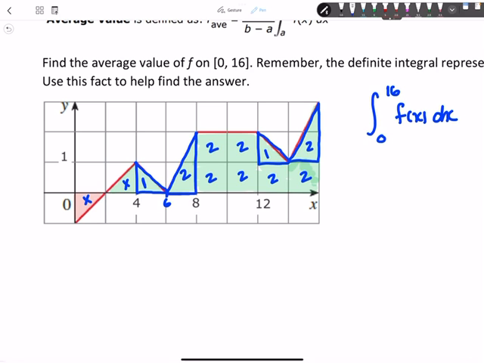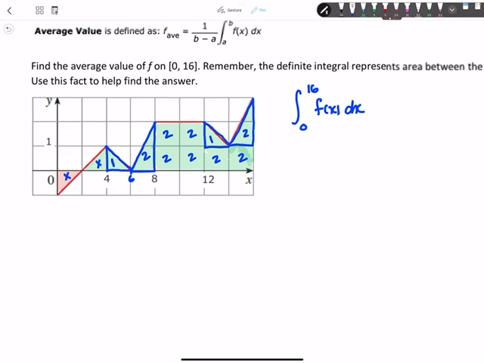If we add up, the total area here is equal to 15. Well, not the total area, but the net area, so my integral value is 15. Now we can find the average value.